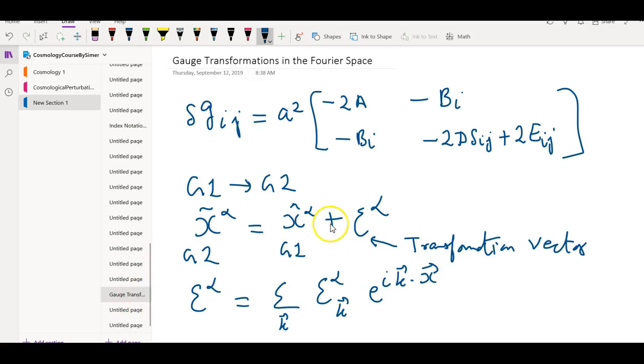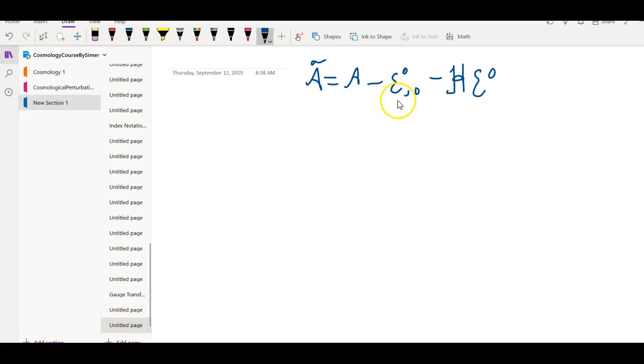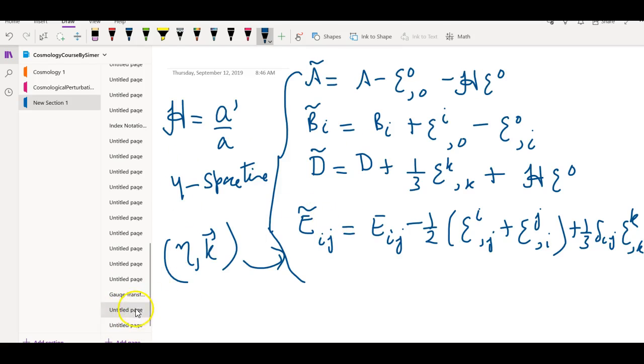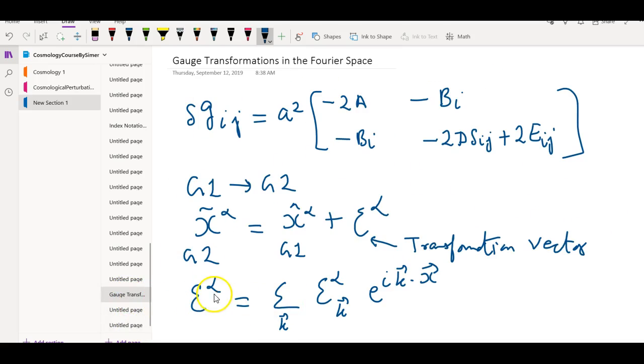Now for xi alpha, the corresponding Fourier term is xi alpha.